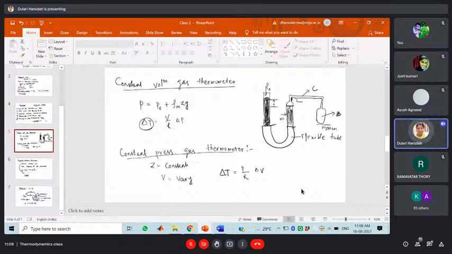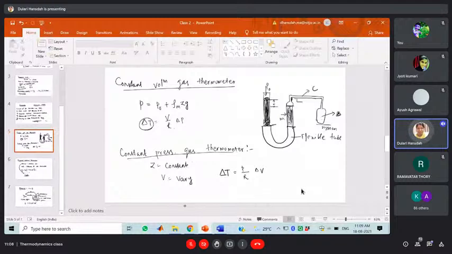So in the case of the constant volume gas thermometer, the valve is taken to the system where you want to measure the temperature. Suppose it is your hot system and you have to measure its temperature. So you bring this bulb in contact with the system.